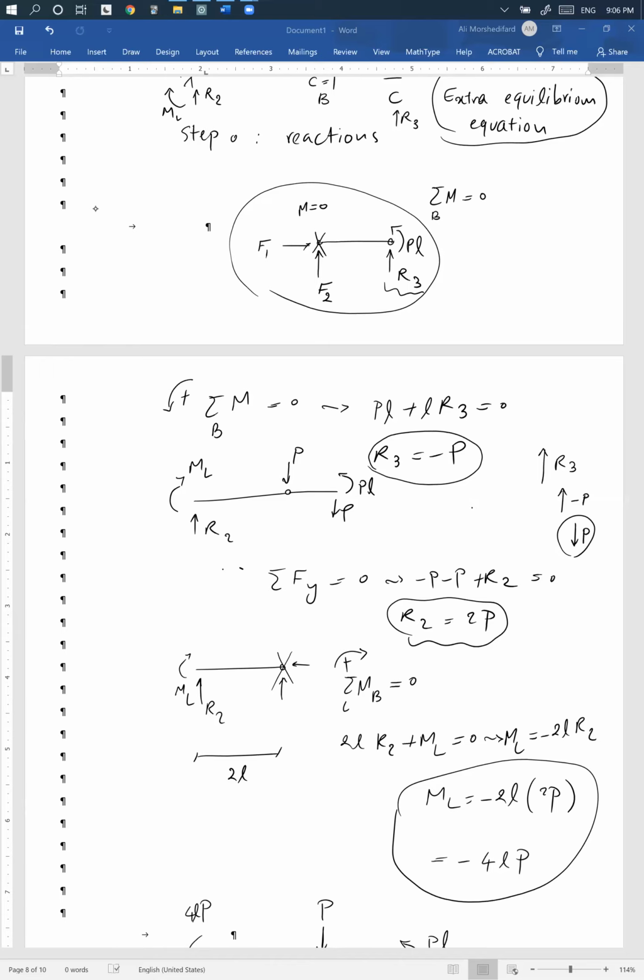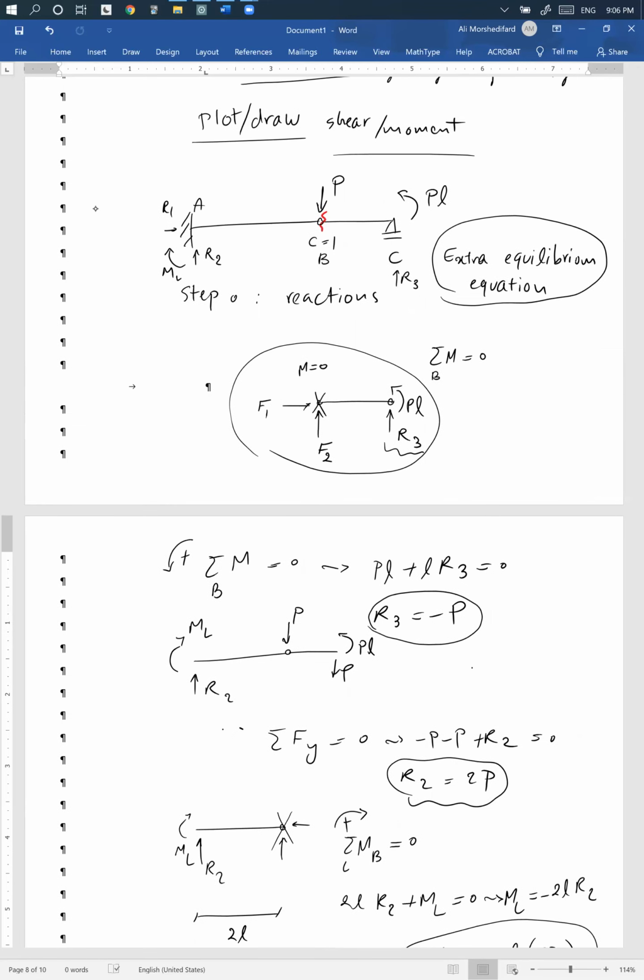Okay. So Chris, I see your hand is up. I'm gonna unmute you. Hey, Chris. Hi. I had a question about the very first cut you made, right under where it says step 0 reactions. I'm just wondering, why are you able to move R3 and PL to where that hinges?